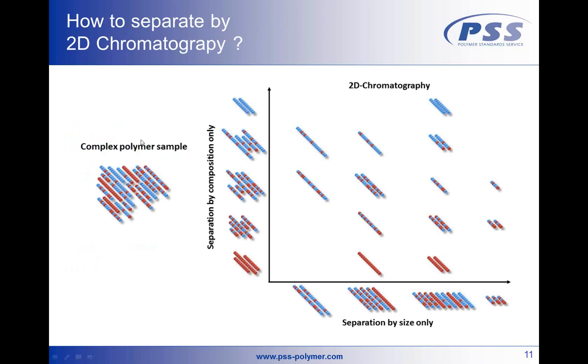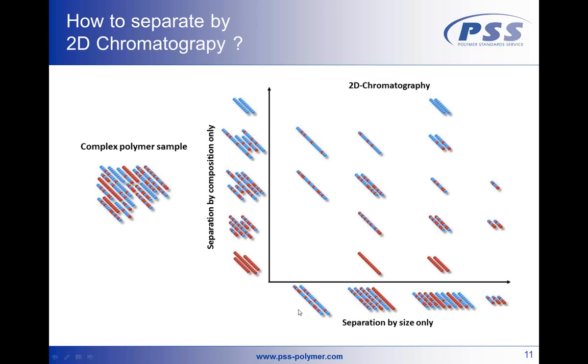Well, what we can do is, in two-dimensional chromatography, we have this complex polymer sample, which is here on the left-hand side, and we can first do a separation, for example, according to size, which is here on the lower part of the slide.